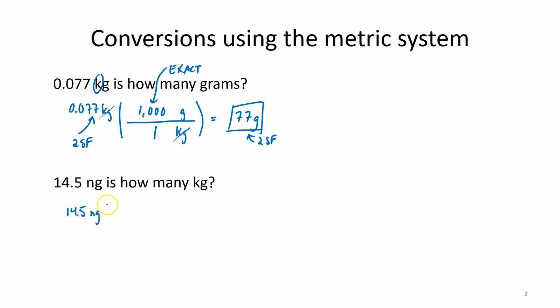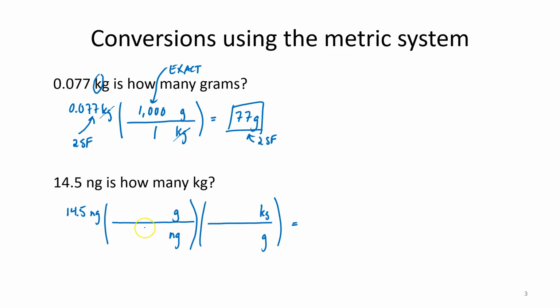So this one's a little bit tougher, at least it is for me. I wouldn't be able to go directly from nanograms to kilograms. I would have to go from nanograms to the base unit, grams, and then I would convert that base unit grams into kilograms. So again, how do you see this prefix, nano?